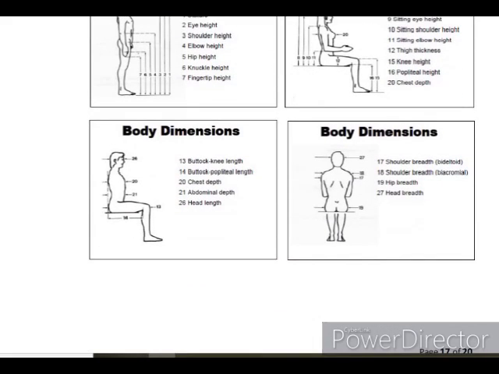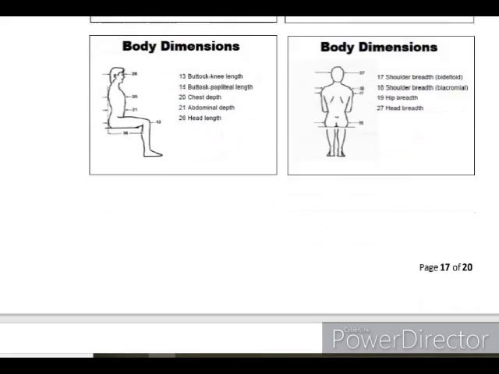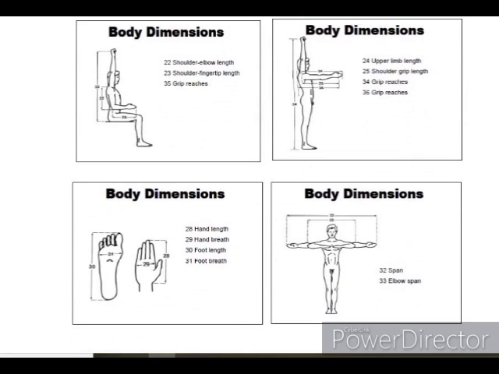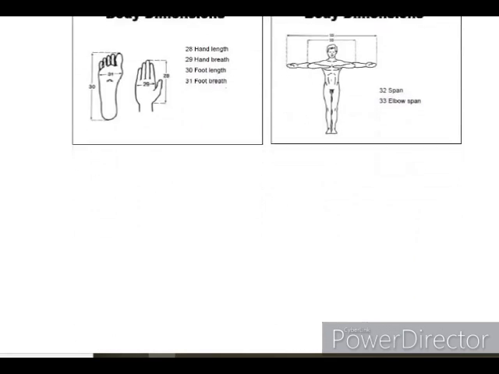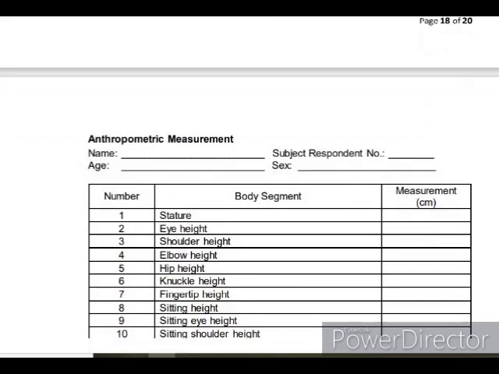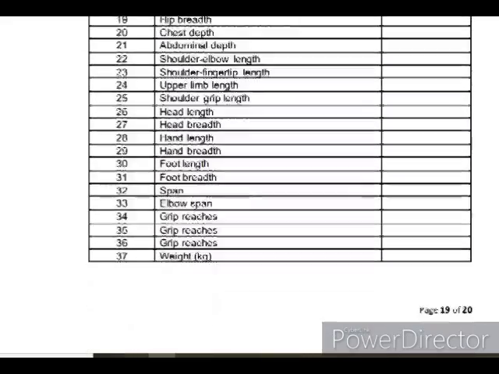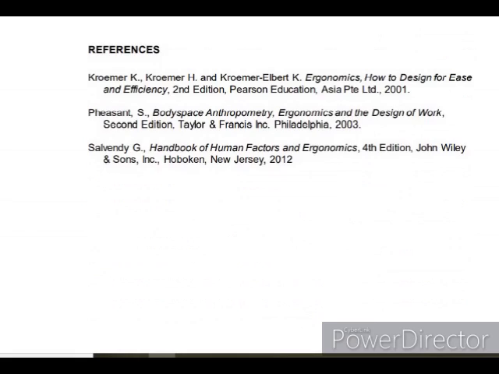They are labeled so that you won't be confused. You will use this form for the findings for each individual anthropometric measurement. This will be your laboratory number 1. Here are the references.